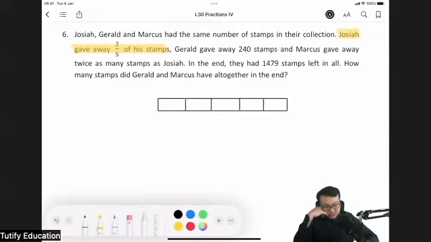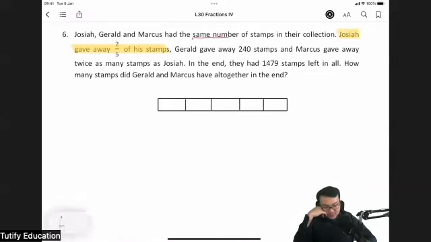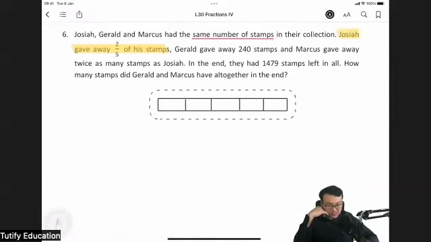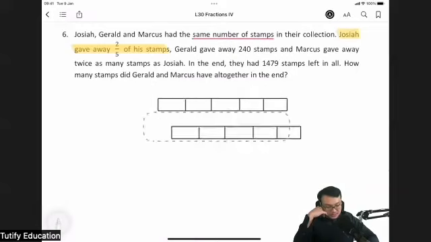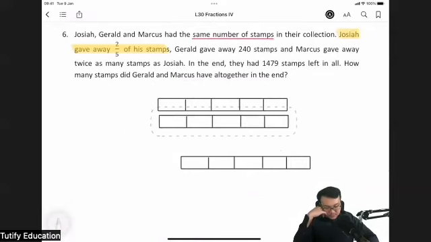But the question also told me that all of them had the same number of stamps. So instead of drawing 3 models, why don't I just copy them, because I know that all of them have the same number of stamps.